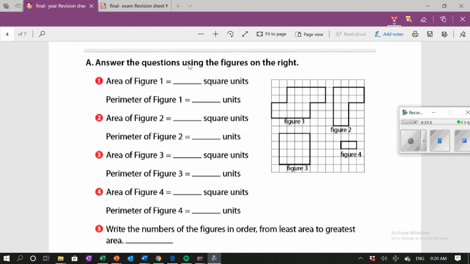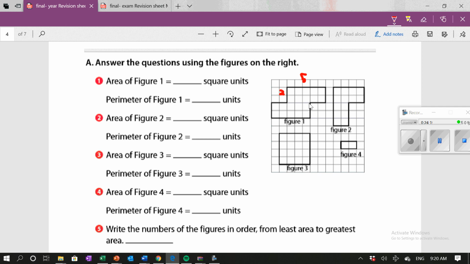Okay, the next page. Here, answer the question using the figure on the right. Here we have figure 1, 2, 3, and 4. Area of figure 1. You want to count all the squares, or you have to find the length. So here is 1, 2, 3, 4, 5, and here is 2.